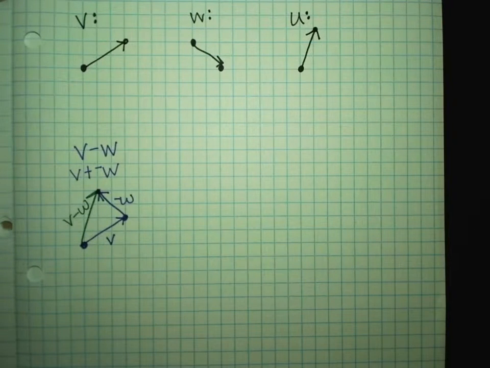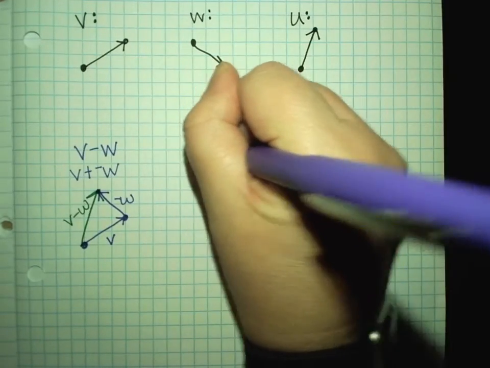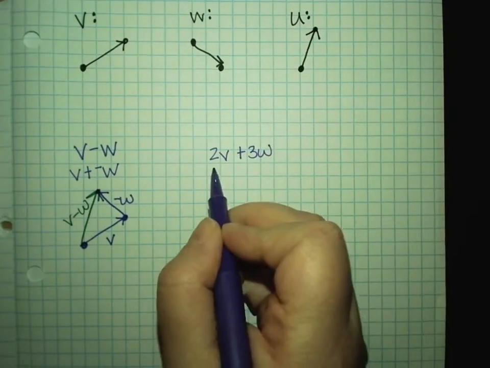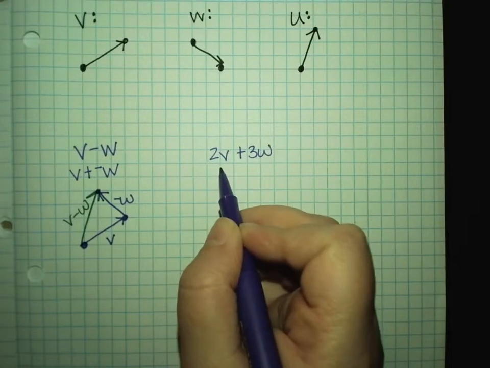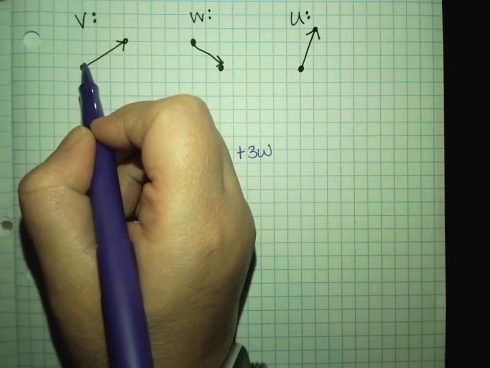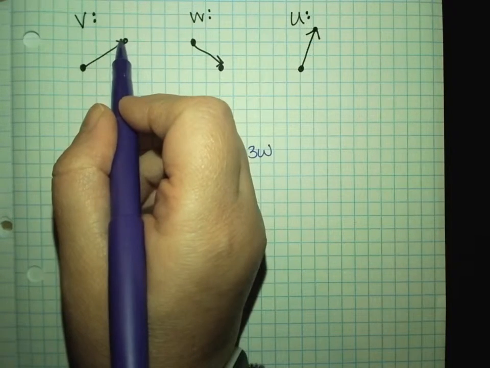Okay, so let's try the next one. 2V plus 3W. 2V means we're going to have two vectors of V. Right now, V is up 2, right 3.